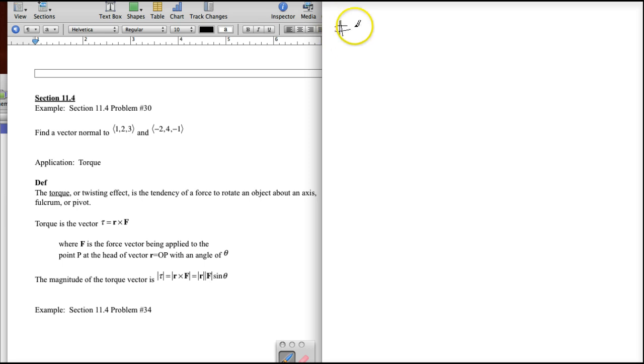So let's see, number 34. We have for number 34, our vector r is given in ijk components, but I'll write it here with the bracket notation as <1, -1, 2>. And we know our force vector, capital F, is <10, 10, 0>.